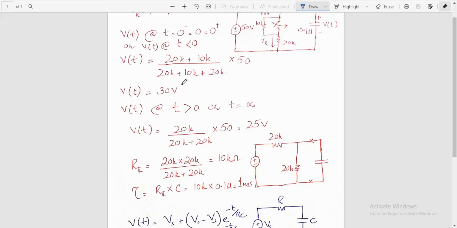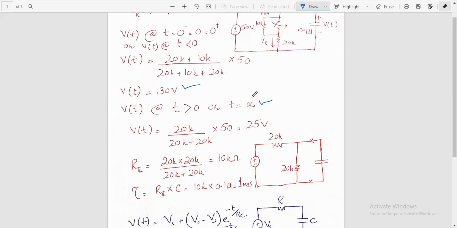Now let us find the value of V of t for t greater than 0, that is when the switch is operated and a long time has passed after the operation of the switch. In some textbooks it is stated as t greater than 0, and in some as t equal to infinity. Both mean the same.